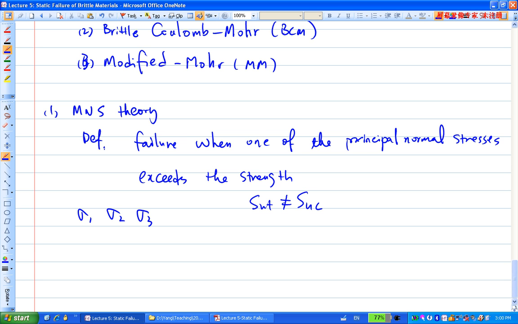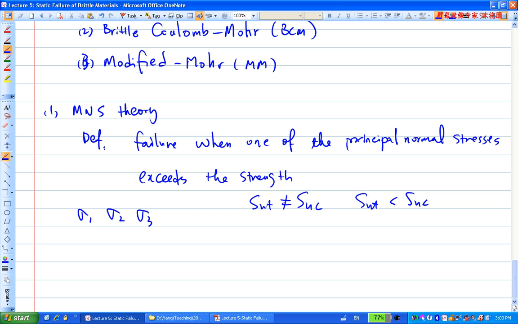There are situations where they are close to each other, but we're dealing mostly with uneven material, for example, gray cast iron, right? So in other words, according to the definition here, when one of them exceeds this, and the other fact you should know is that SUT is sometimes much less than SUC.